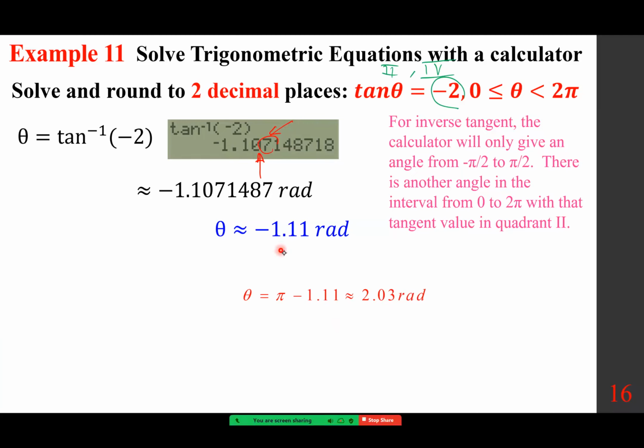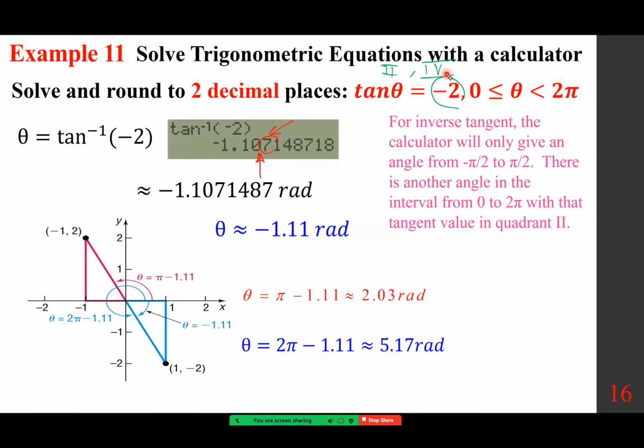If we add pi to that, it gives us 2.03, and that's in the second quadrant. Why pi? Remember the period for tangent and cotangent happen to be pi. And if you add 2 pi to this number, that gives you the second one in the fourth quadrant.